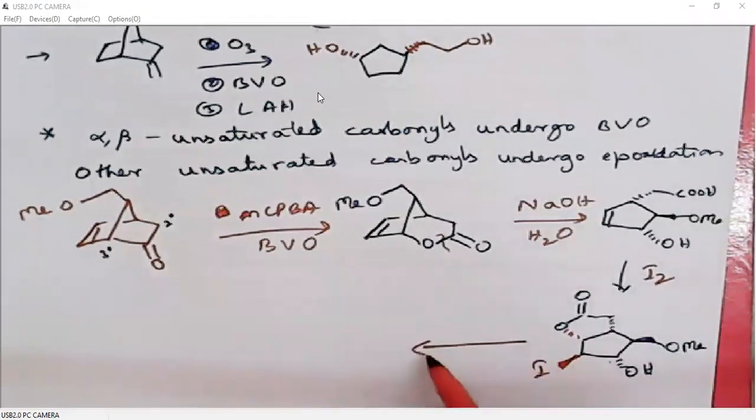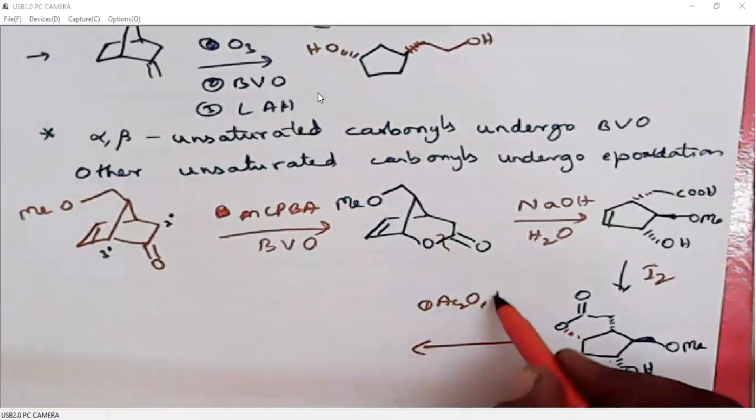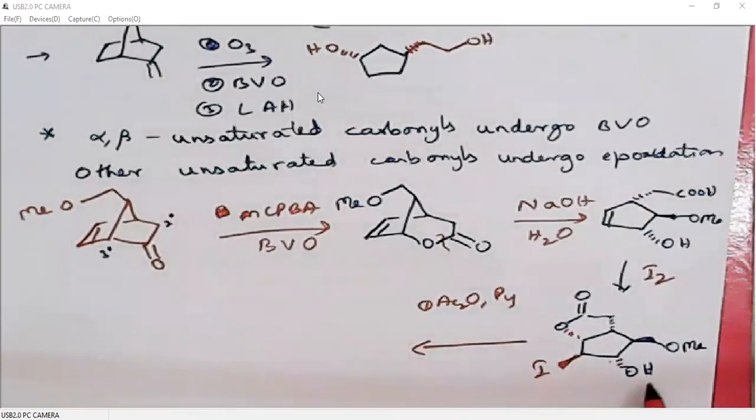Then we can extend it further. When we use acetic anhydride and pyridine, what happens? Alcoholic groups will be protected as OAc. Pyridine will pick up this proton, O minus will attack acetic anhydride, so it becomes OAc.